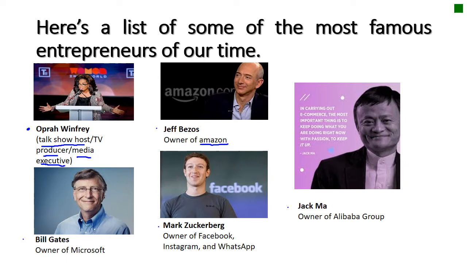Okay, of all of those, if you notice, 4 out of 5 have something to do with online, with the internet. 4 out of 5, and they are the biggest millionaires of our modern times. They were brave, they were willing to take risks, and they managed to succeed.